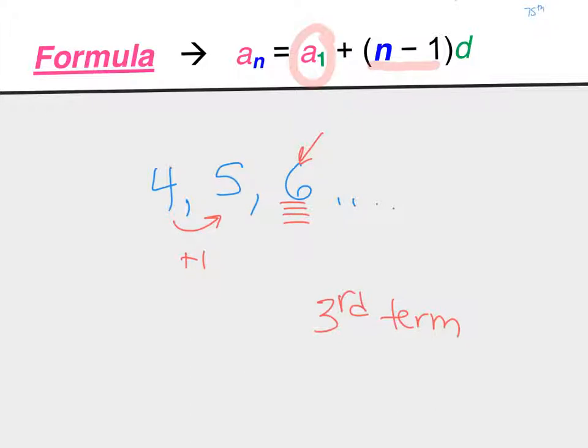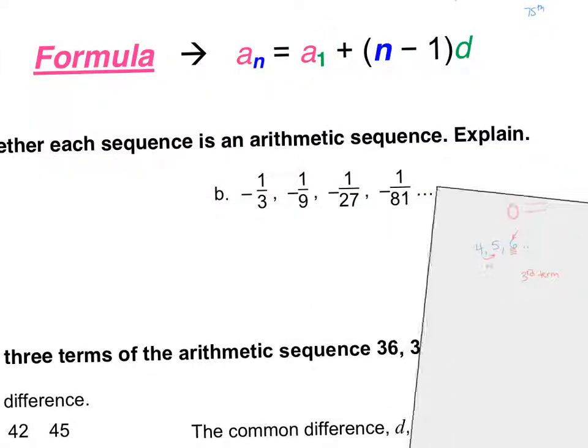The term that you're looking at, 6, was created by taking your original term, which was 4, and adding whatever term you are in, the third term, minus 1 times the common difference. So they created this formula that you see up here so that you wouldn't have to recreate it every time. And now let's put it to use.